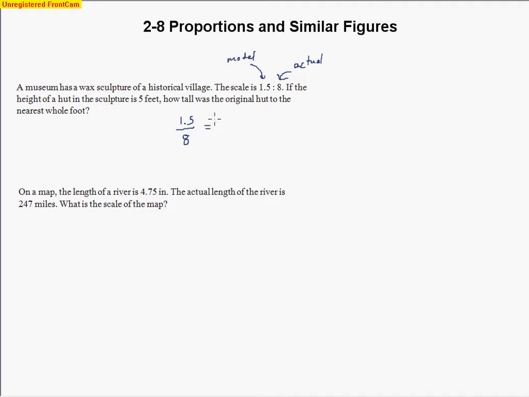And so let's go ahead and find out how big the actual hut is, how tall it is to the nearest whole number. So we know that 1.5 represents the model, 8 represents the actual. Well, this sculpture represents the model of 5 feet. So 5 feet's got to go on top, x on the bottom. So now we're ready to solve. We're just using cross products. X times 1.5 and 8 times 5, so we have 40 there, and we do the division.